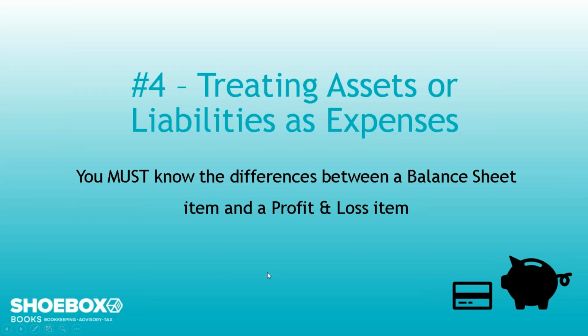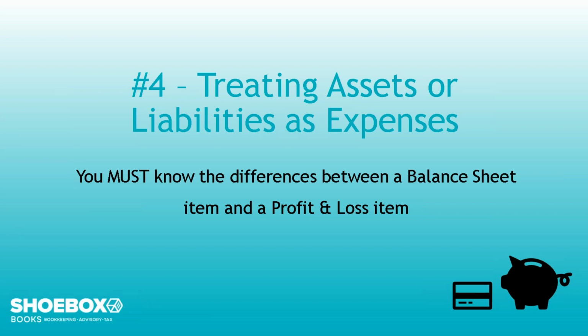Okay, next one. Treating assets or liabilities as expenses. So you must know the differences between a balance sheet item and a profit and loss item. The balance sheet shows the assets less your liabilities. So assets are classified as anything that is over $1,000 and that is depreciable, that you keep and you own.